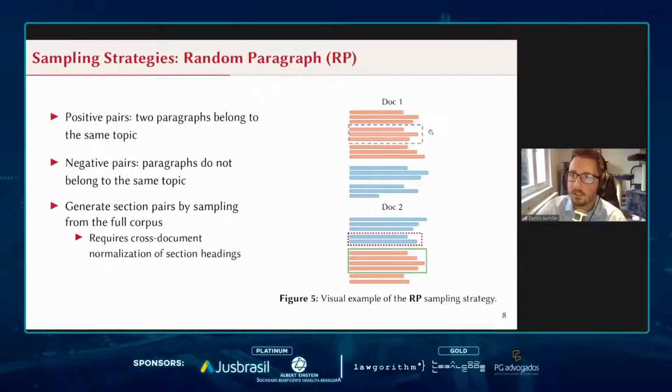In the instance of random paragraph sampling, for both actually, we just aggregate all of the red paragraphs into one class and sample a random positive pair from this same topic, meaning that this can also come from another completely different document that has the same topic in it. The negative pair, similarly, will sample from all of the paragraphs across all documents, but from a different topic.